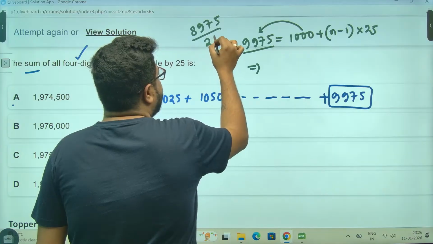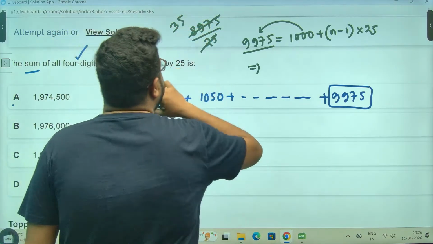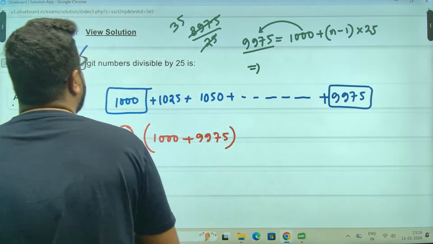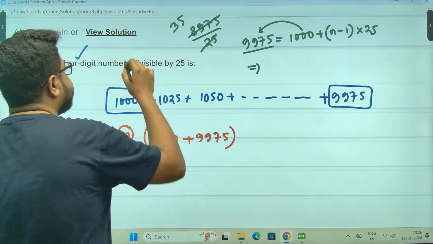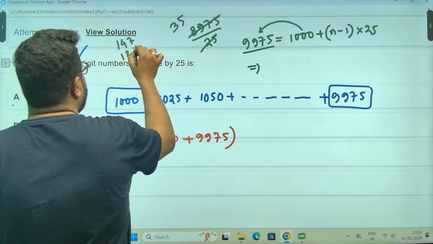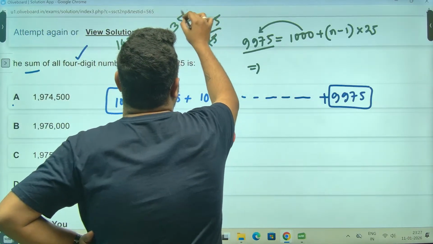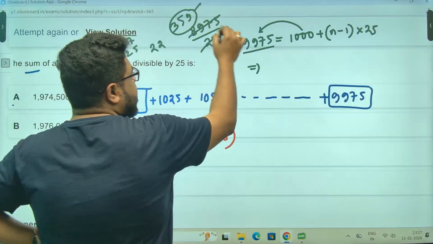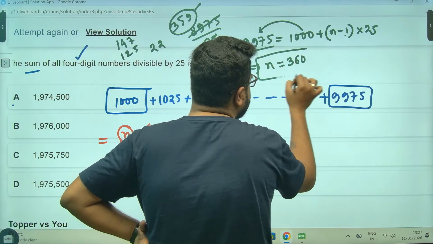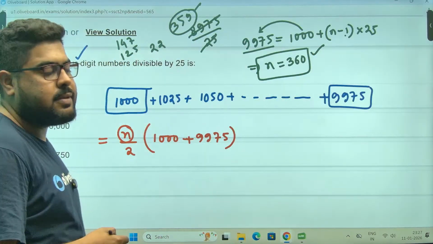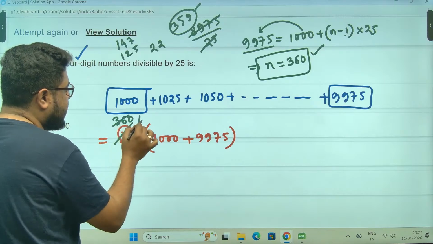Divided by 25, 3 fives are 75, 147, 5 fives are 125... So 359. Now this minus 1 will come to this side, so the value of n is becoming 360, sir. Just put the value. This is 360, so meaning this is 180.